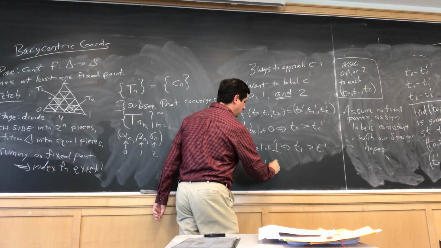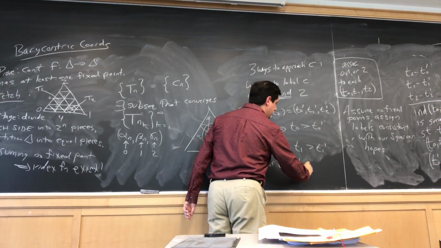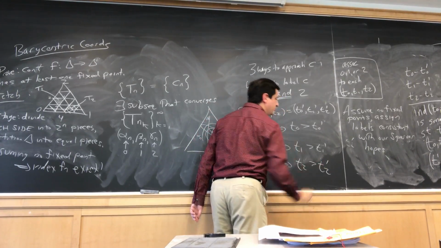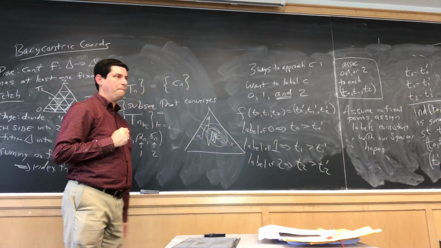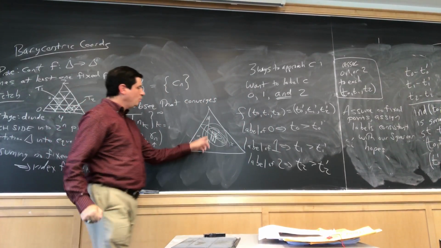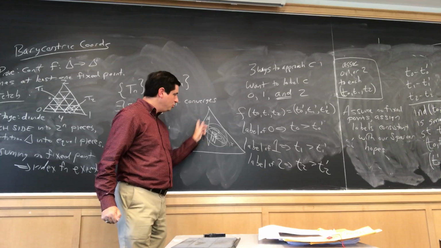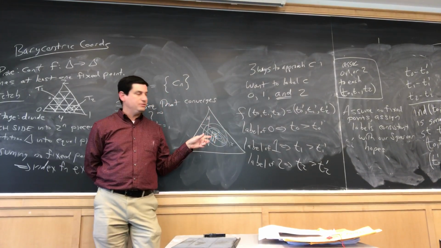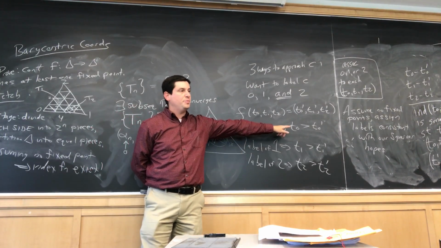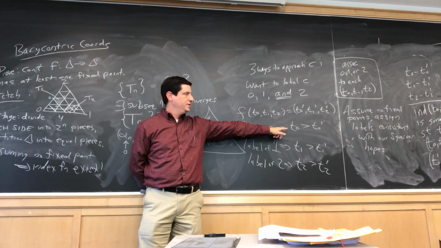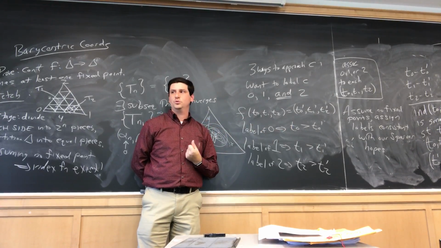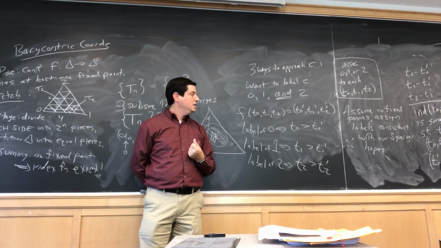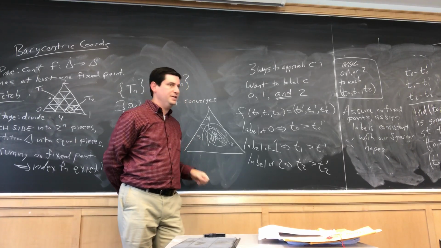And a label of 2 means t2 is greater than t2 prime. So as we go along the sequence of alpha, the 0 labels, we're always going to be along points where the first coordinate is mapped to something that has a smaller first coordinate. In the limit, what must be true about the coordinates for C?